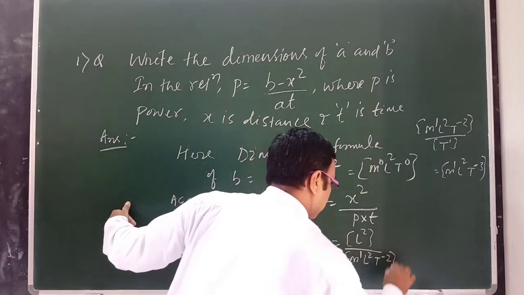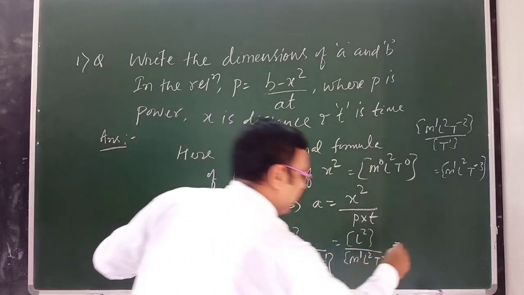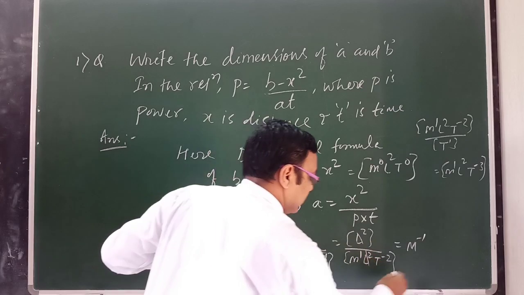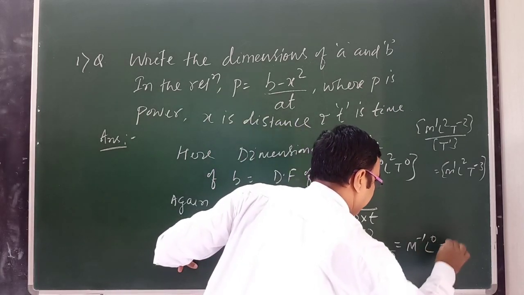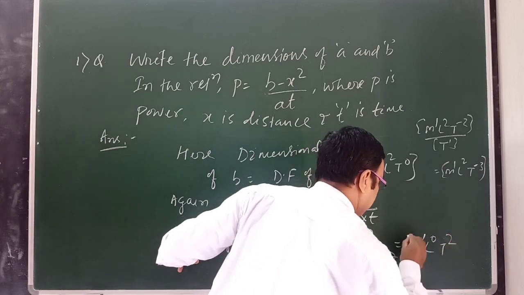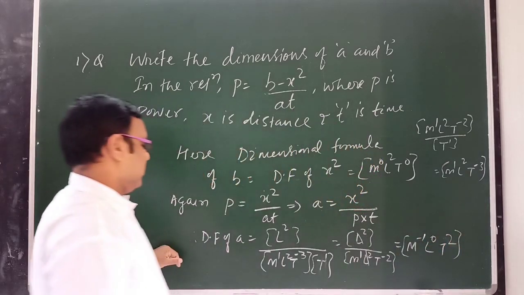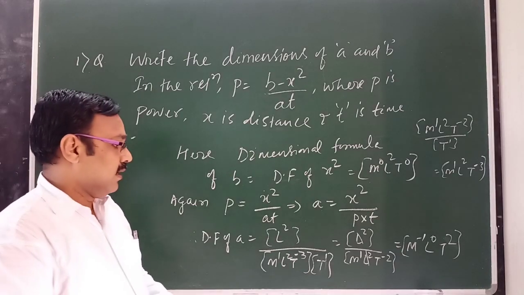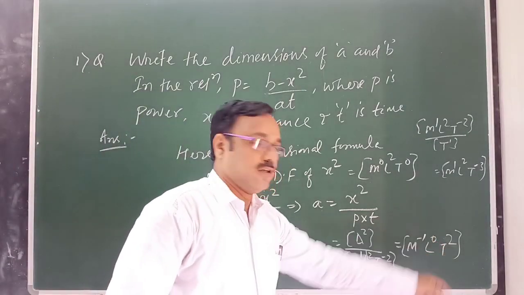Now when it goes up, how much will it be? M minus 1. Here L2 and L2 cancel. L0, and T to power minus 2 when it goes up becomes T to power 2. This is the dimensional formula of A: M minus 1 L0 T to power 2.